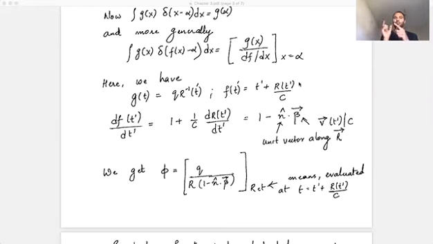So if the charge is moving perpendicular to the line of sight from the observer to the charge, then r is not changing. r only changes if the charge has a velocity which has a component along the line of sight from the charge to the observer. So the time derivative of r is the velocity of the charge, beta.